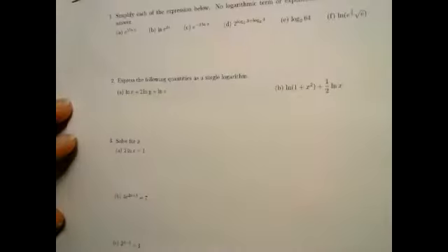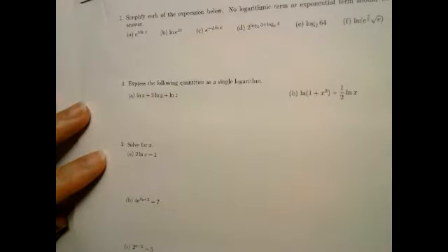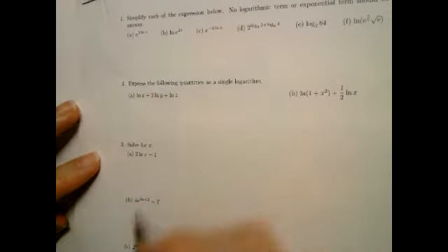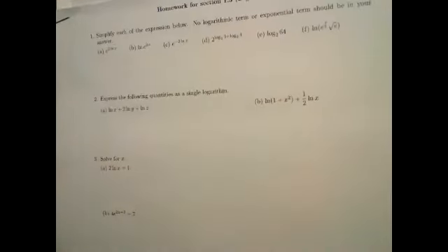Okay, so let me check. 3F and 3E and 4B, 4B, okay, and 2E. Okay, very good. So we answer all your questions.